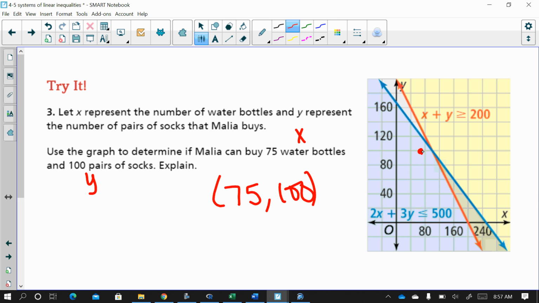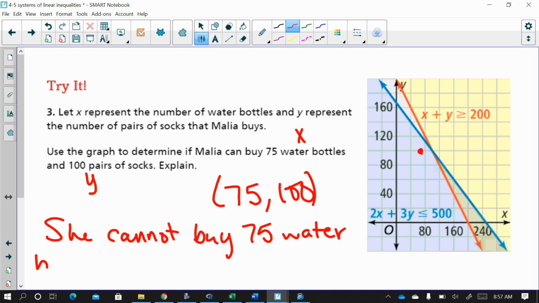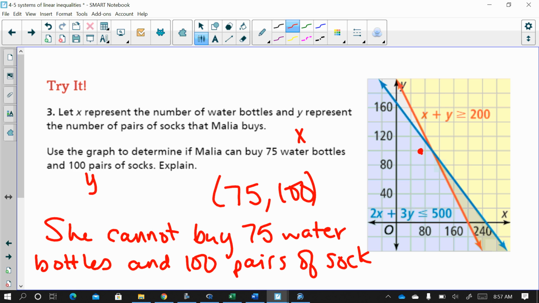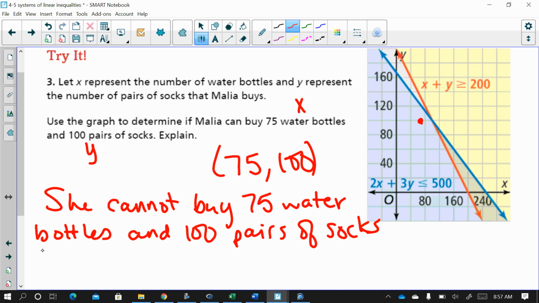No. She cannot buy 75 water bottles and 100 pairs of socks because that point is not in the double shaded region.